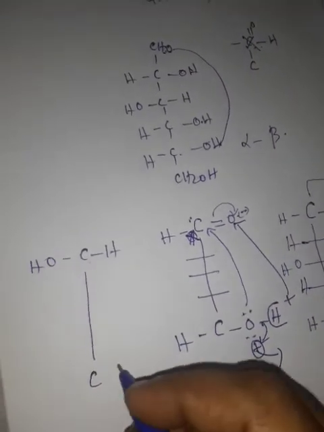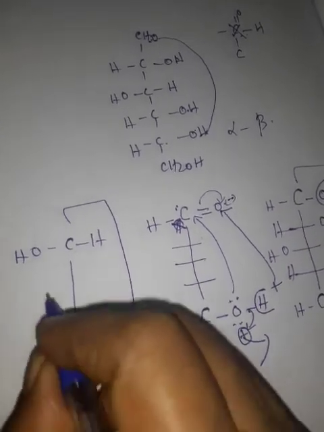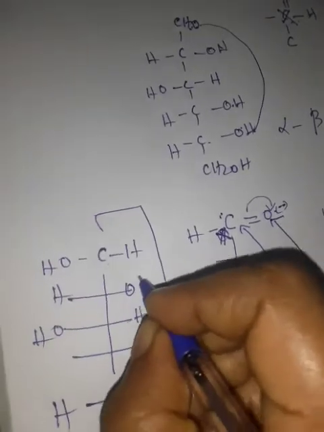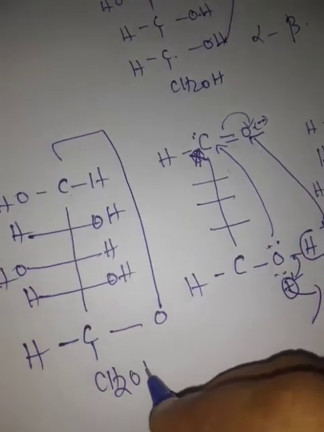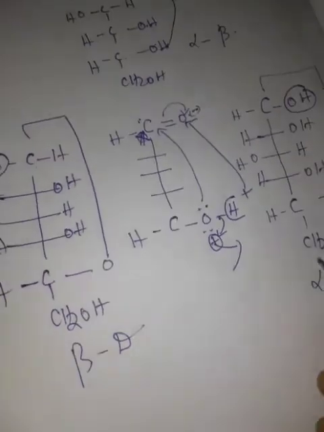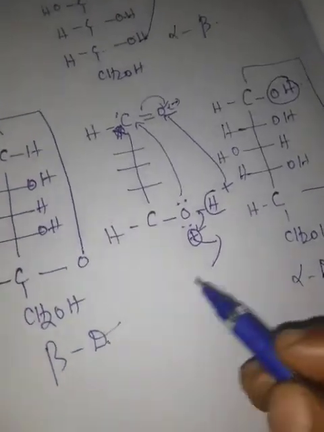If it is kept on the left side, this is beta D glucose. Alpha D, beta D, capital D.